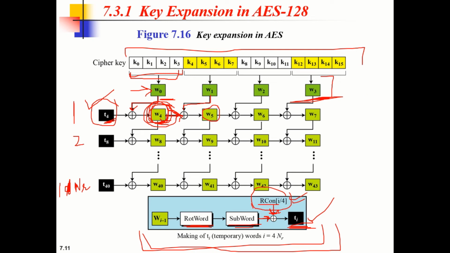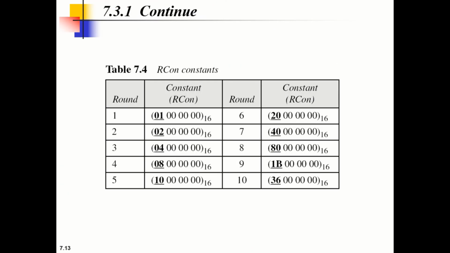Now for this round constant, we have a table which tells us which round constant to use for which round, right? So this is the table. RCon is the short form for round constant.